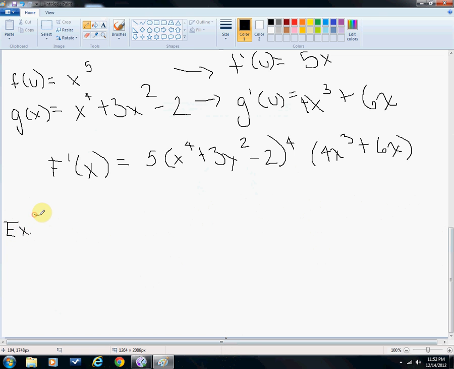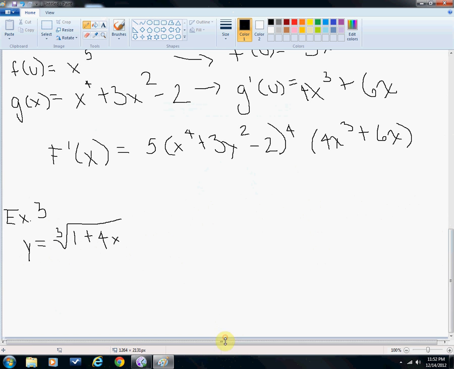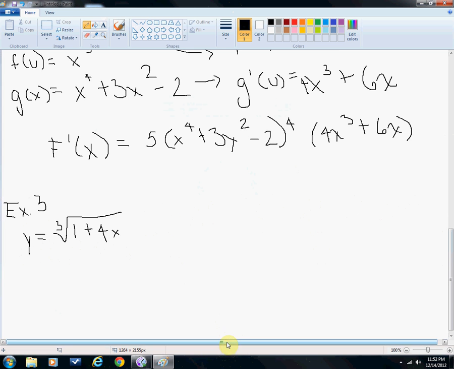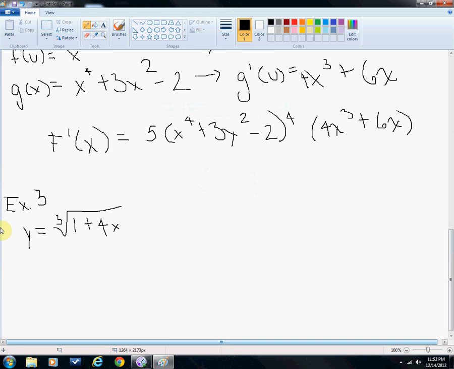Example number 3. y equals the cube root of 1 plus 4x. This one's fairly easy. It's perfect to end this video. Might go a little over my time, but it's fine, I guess. So f of u equals the cube root of x.